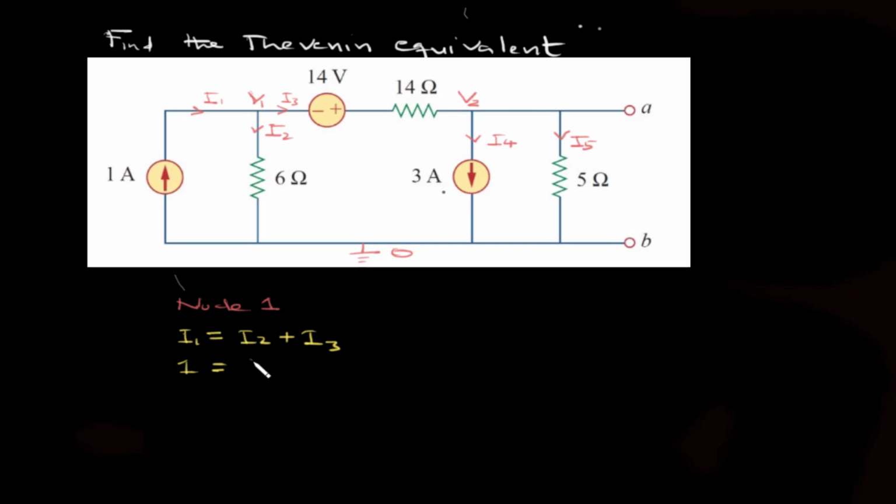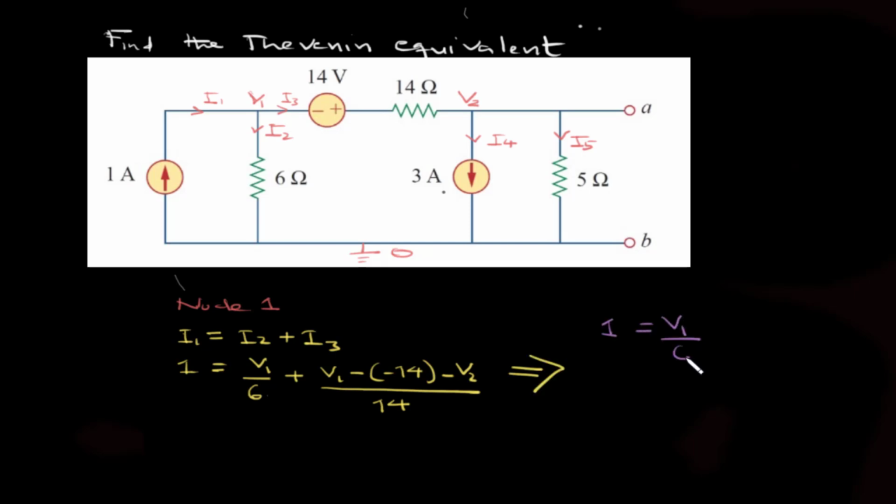And I2 equals V1 over 6, plus I3 equals V1 minus (14 volts minus V2) over 14. If you organize this one, it's going to be 1 amp equals V1 over 6 plus V1 plus 14 minus V2 over 14.